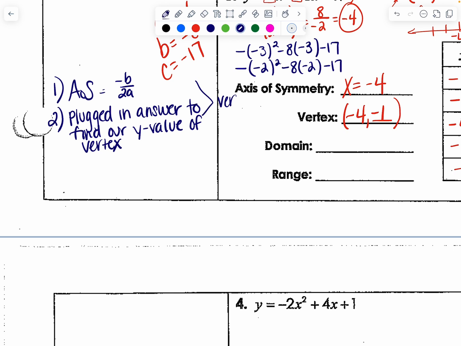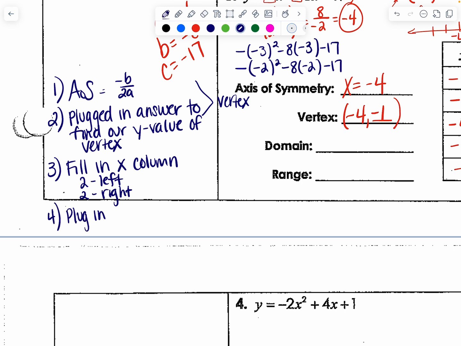So steps 1 and 2, we're finding the vertex. Step 3, we fill in the rest of the x column with our numbers, 2 to the left and 2 to the right of the number in the middle, our vertex. Step 4, plug in 2 numbers to find our y values. And then step 5, we plot and connect.